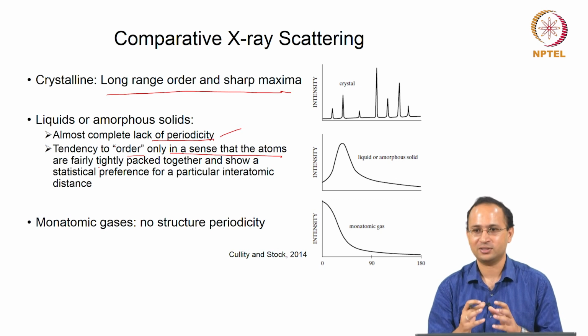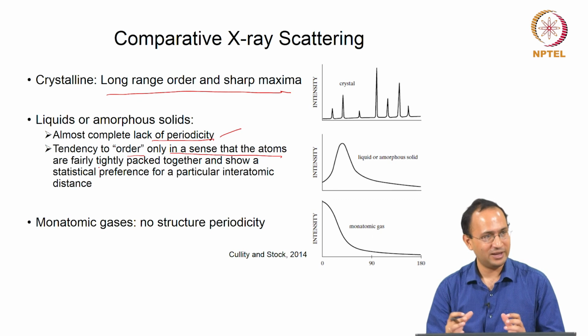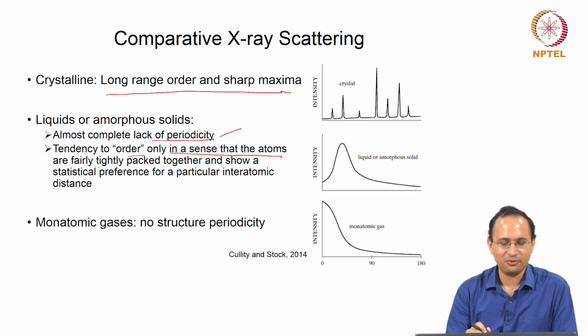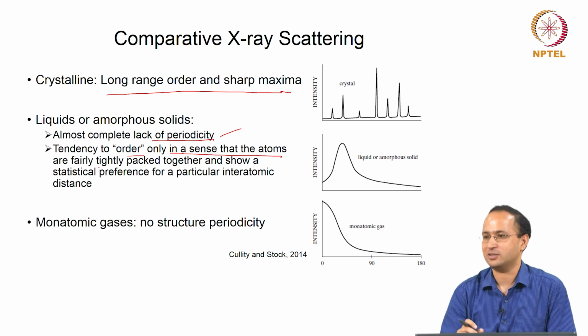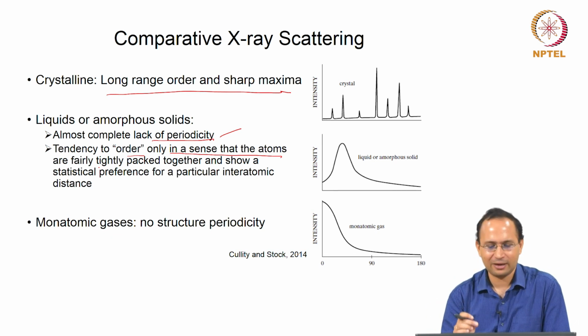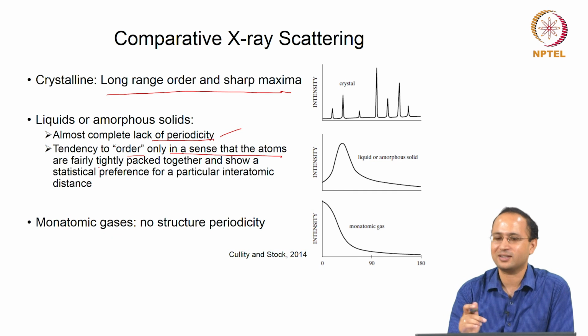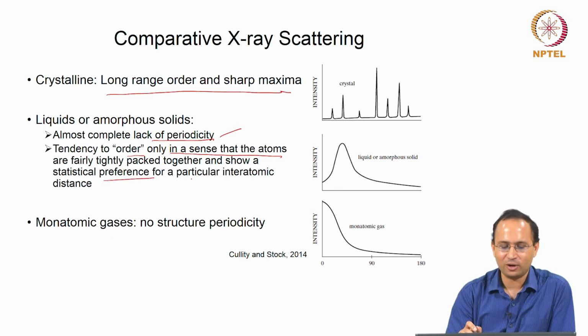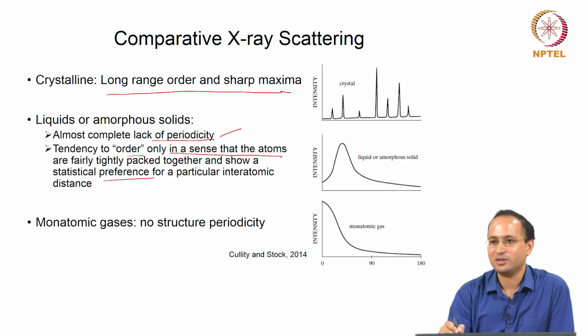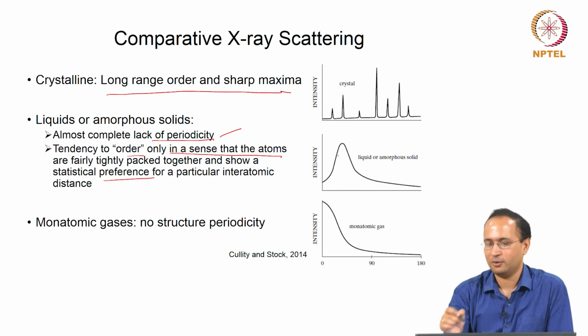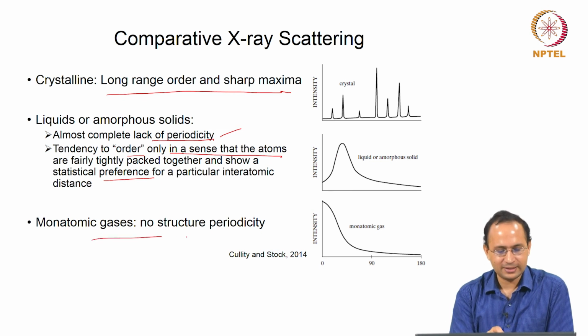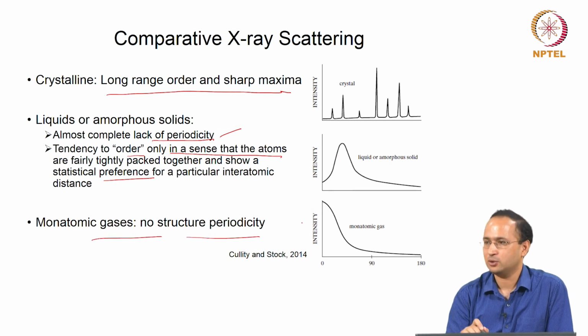Think of an amorphous solid. So, atoms are fairly tightly packed together and show a statistical preference for a particular interatomic distance. That is why you are seeing this, but it is not like what you see in crystals, okay. And monoatomic gases, no structure or periodicity, so you do not see anything.